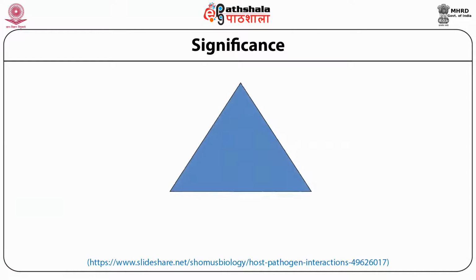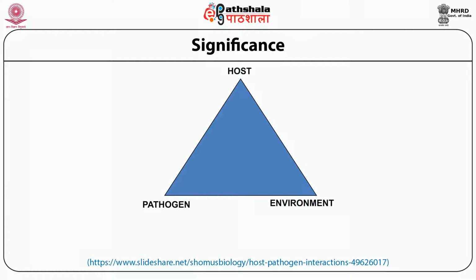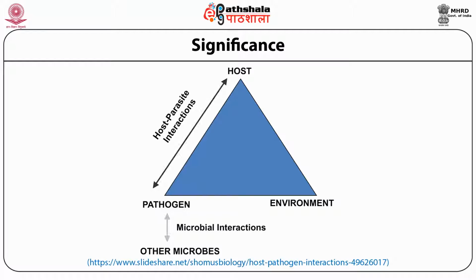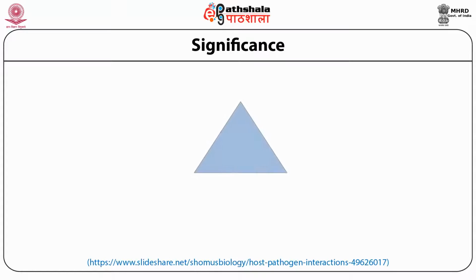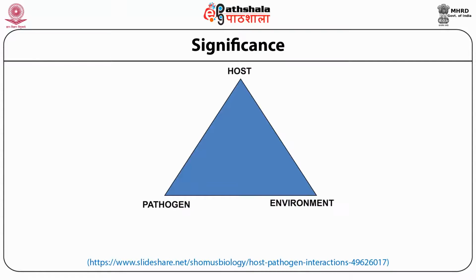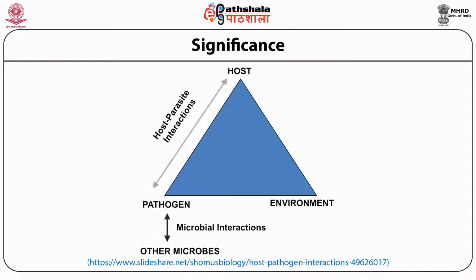This triangle shows how the interaction of host with pathogen takes place in a specific environment. In the same environment, some hosts are more susceptible to a pathogen as compared to others, or the same host in a different environment exhibits different susceptibility towards a pathogen.